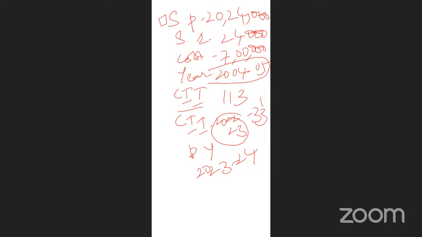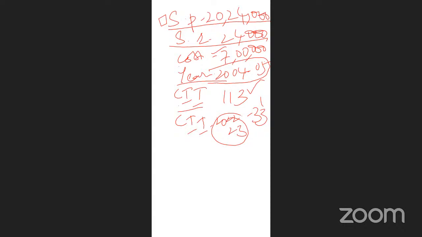The plot selling value is 20 lakhs 24,000, selling expenses are 24,000, and the plot was purchased in 2004-05 for 7 lakhs only. The cost of inflation index in 2004-05 is 113, and in 2022-23 it is 331. Now we have to find out the income from capital gain.